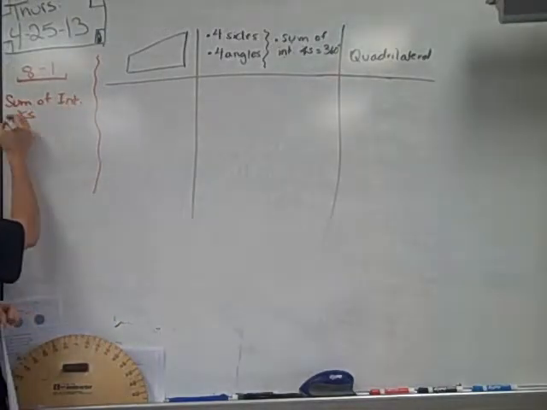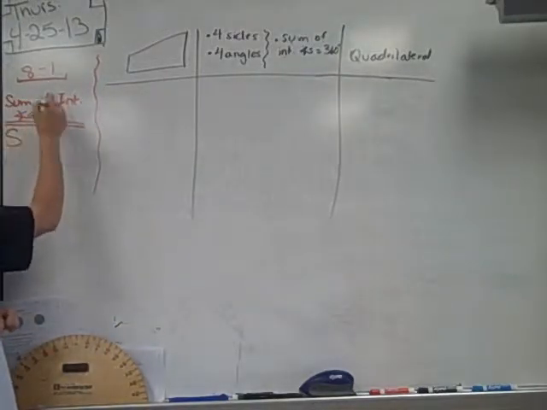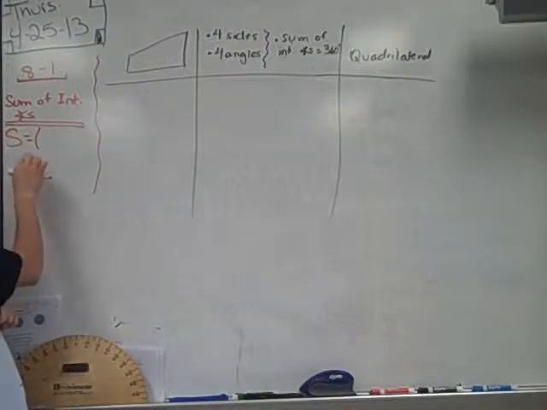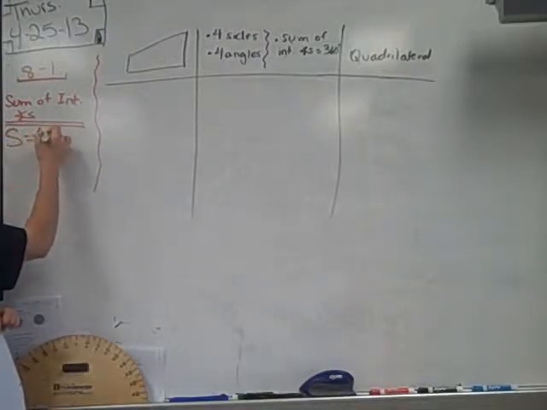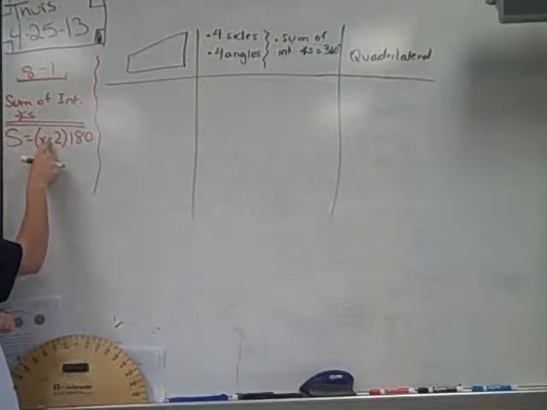Do you remember the formula that you have to use to find the sum of the interior angles? Now, I'm hoping that this is starting to click some things in your brain. If I were here, I would make some of you answer this question before I write it down. This is the formula where you take the number of sides, subtract 2, you're always going to have that.